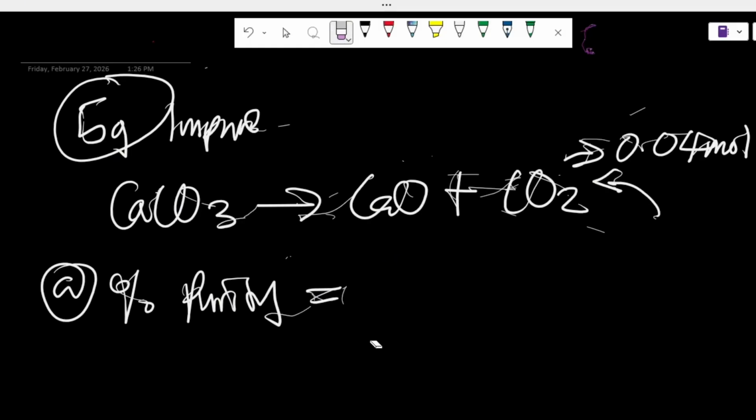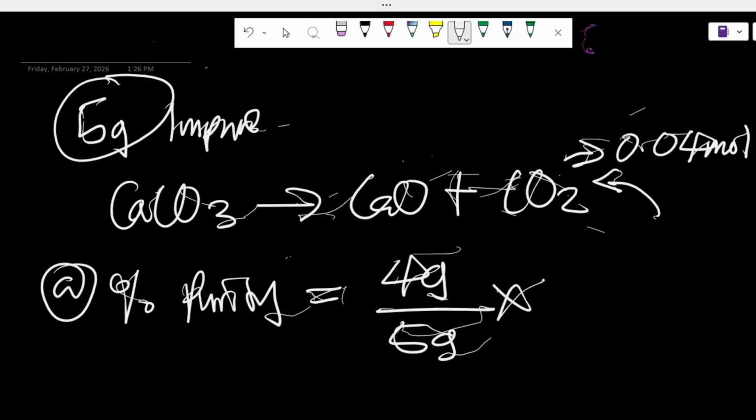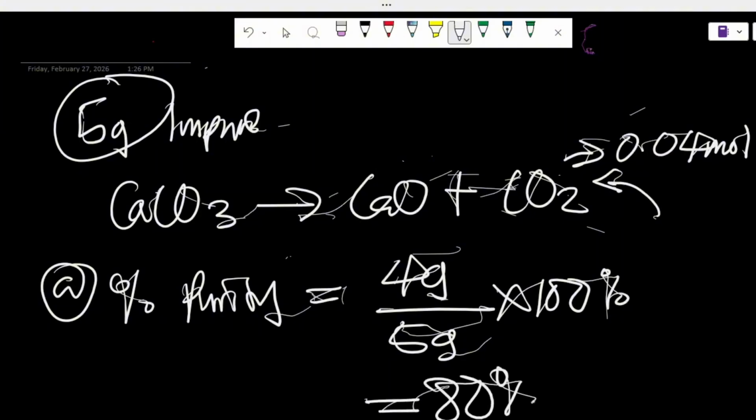So this is what we are going to say. The pure calcium carbonate is 4 grams and the impure is 5 grams, and this is multiplied by 100%. And so this is going to give us 80% as our percentage purity, and this is our answer.